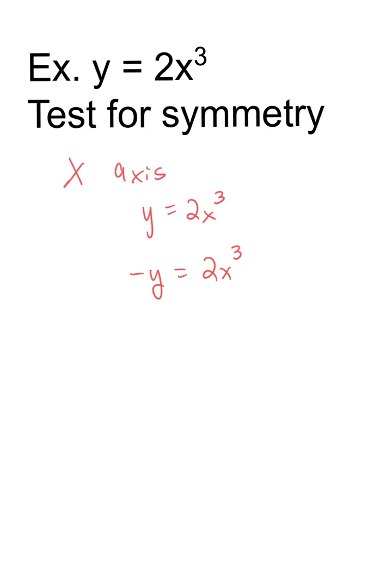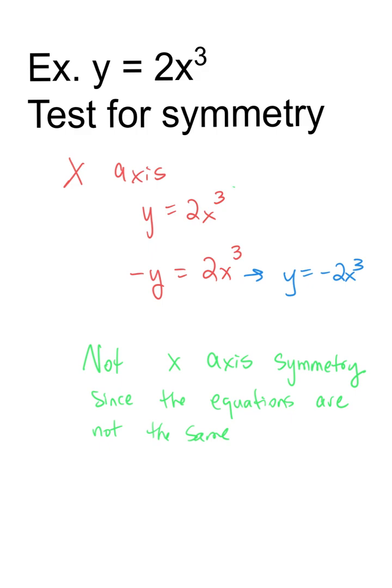If I solve for this, this becomes y equals negative 2x cubed. Well, negative 2x cubed is not the same as positive 2x cubed, so this is not x-axis symmetry. Since this equation and this equation are not equal, it is not x-axis symmetry.